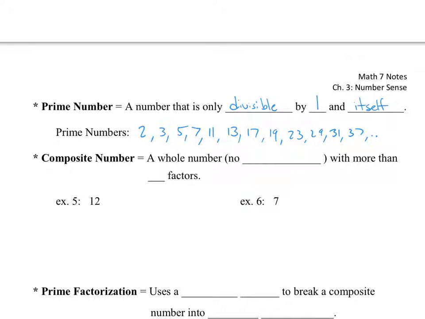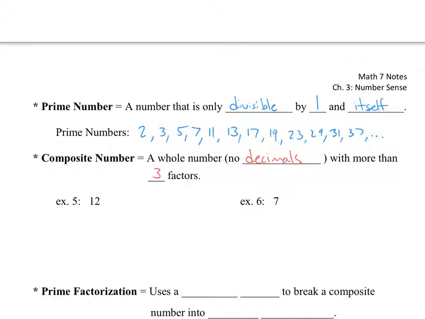All right, a composite number is a whole number. That means no decimals. It's a whole number that has no decimals, and it has to have more than 2 factors, because every number has the factors 1 and itself, right?